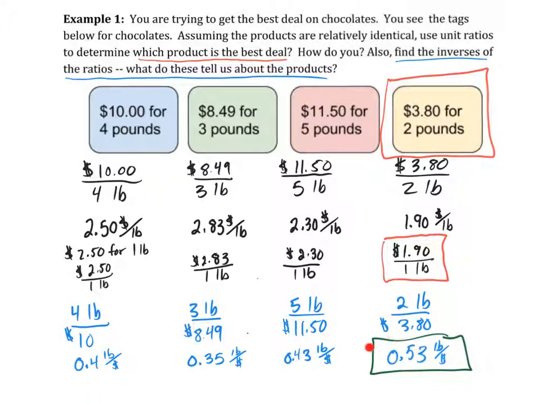Down below, the inverse is pounds per dollar, and the best deal gives us the largest amount, and that should make sense. You want to get more pounds for each $1 spent. This is really important, and it illustrates that you can't just go by the largest value or the smallest value without considering the units and thinking about what the units are actually telling you for that situation.